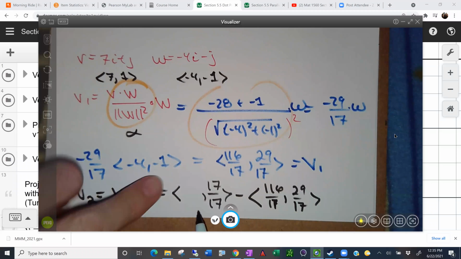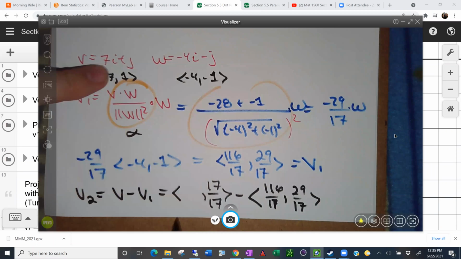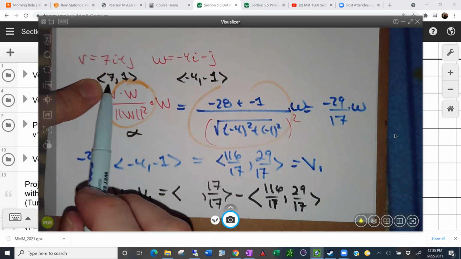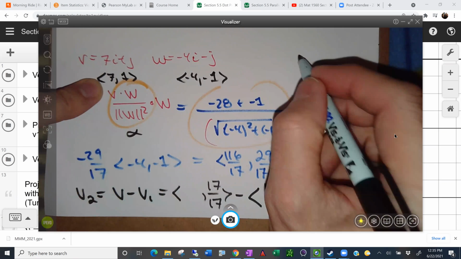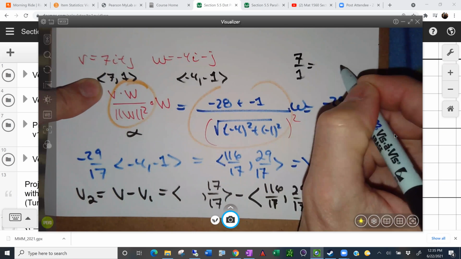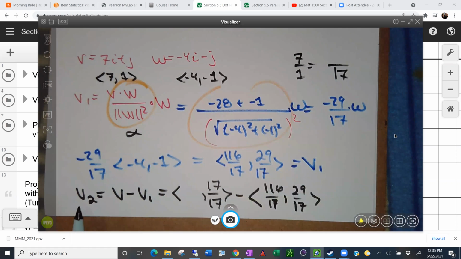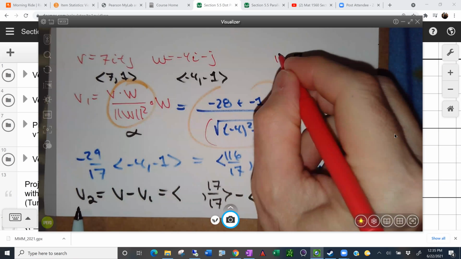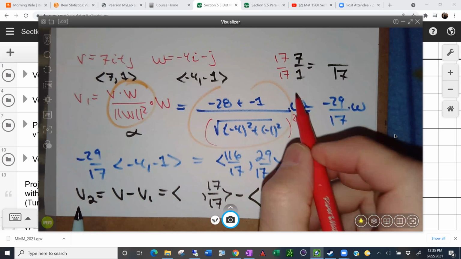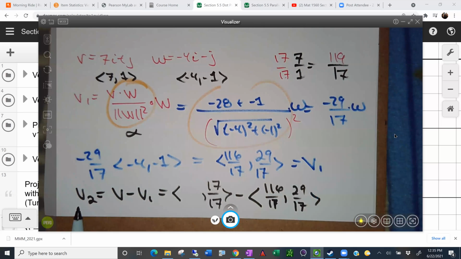So let's take a look here. Going back up to vector V, I wrote the 17 over 17 as a version of 1. That way, when I subtract, I've already got common denominators. 7, you can think of it as 7 over 1. If I want that to have a denominator of 17, I can multiply both the numerator and denominator by 17 and get 119 over 17.